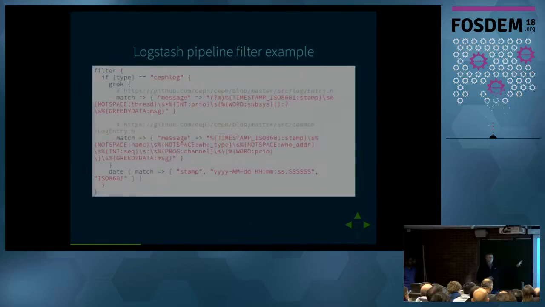This is a Logstash pipeline, the filter part that parses Ceph logs. It's just two lines of regular expressions that parse all the Ceph logs. We have two different formats in Ceph, and these two lines are an example of how to parse them. It's just timestamps and some fields from the logs like thread, etc.